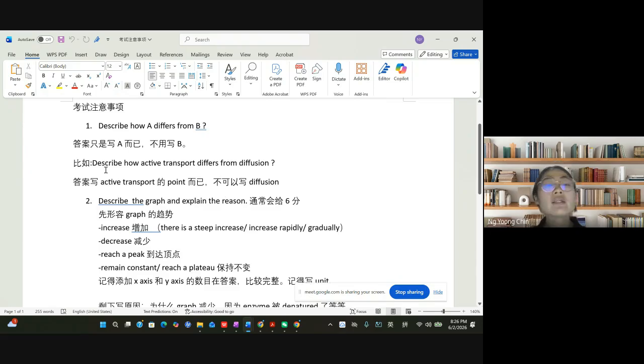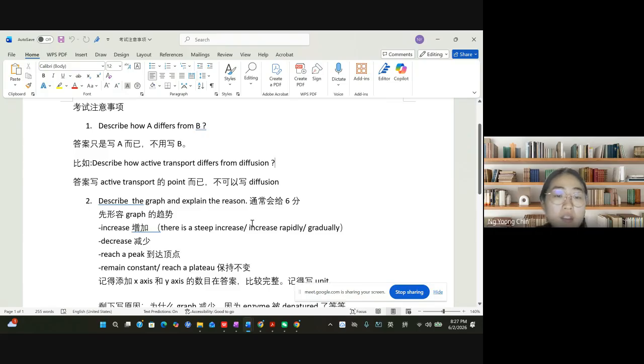Yeah. So for example, if the question asks to describe how active transport differs from diffusion, you should write about active transport. Okay, they transport against the concentration gradient, from low to high. You can write about any kind of thing, but please don't write about diffusion, because this is not about comparisons. They just want you to describe how active transport is different from others.